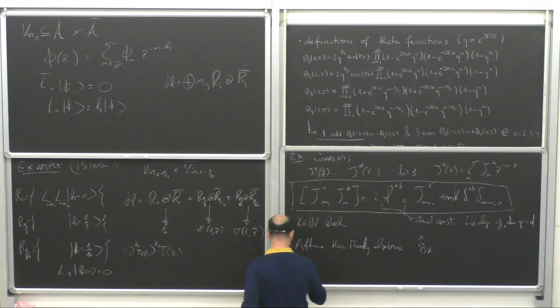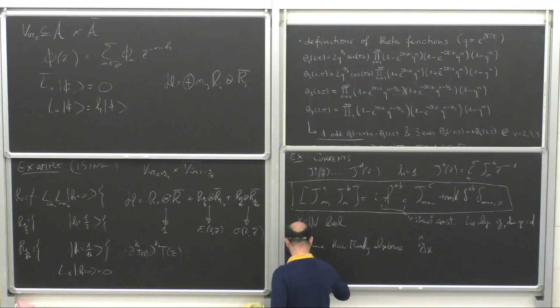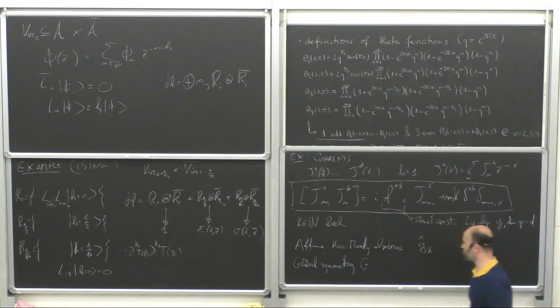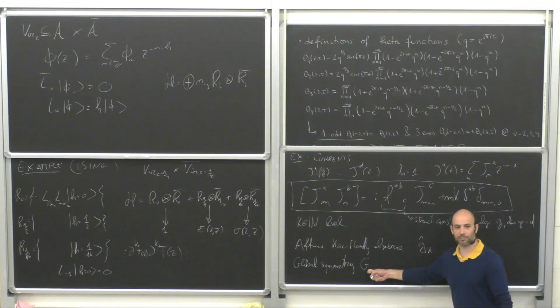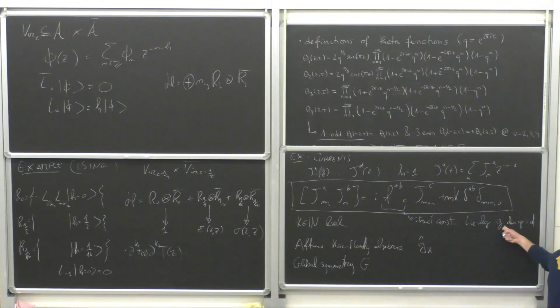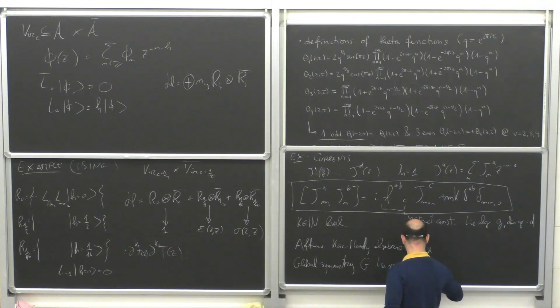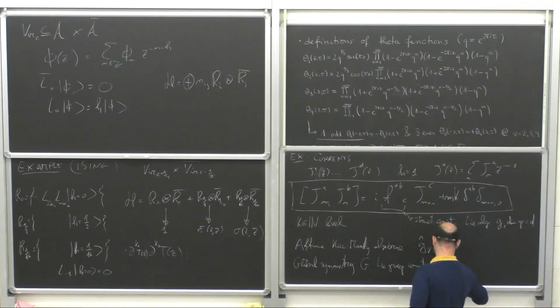So I have a global symmetry G, where capital G is a Lie group of global symmetries corresponding to the Lie algebra, small g, commuting with L0 essentially.